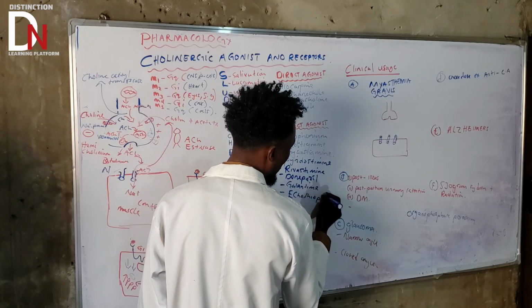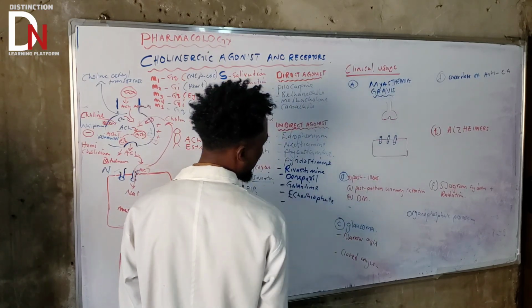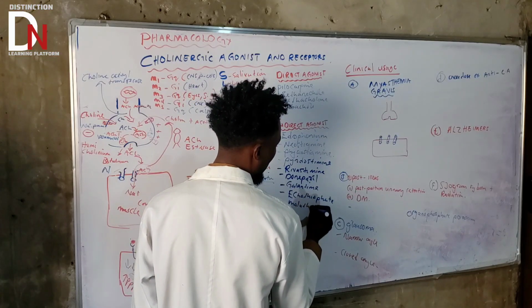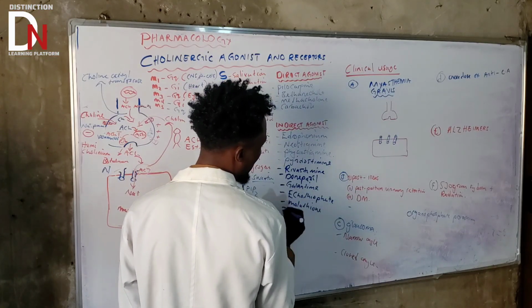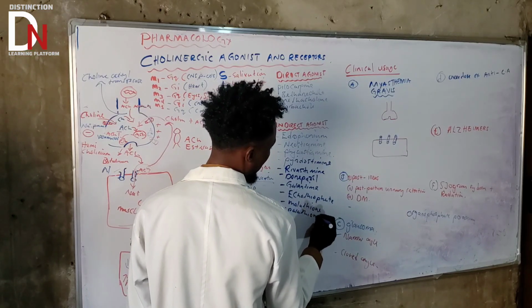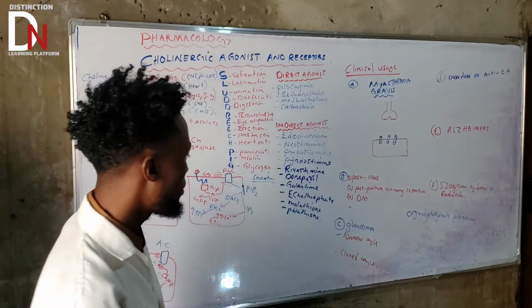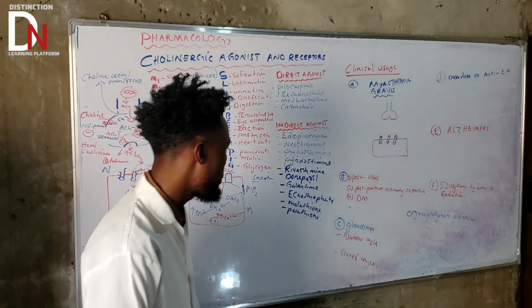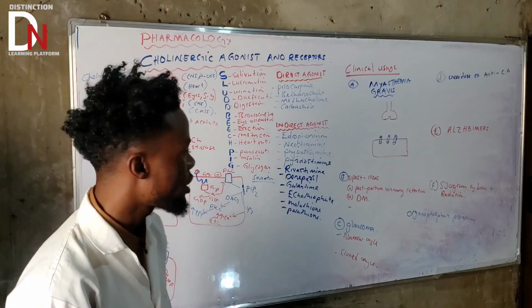There are a lot. Let's talk about another one, malathion. There is also parathion. These are the basic pesticides that we talk about. So parathion, malathion, echothiophate, galantamine, donepezil, rivastigmine, pyridostigmine, physostigmine, neostigmine, and what?